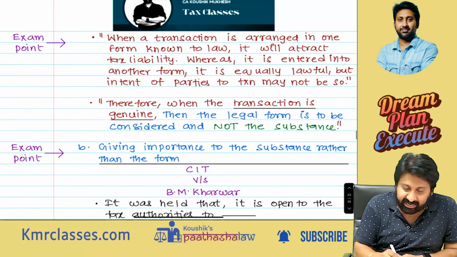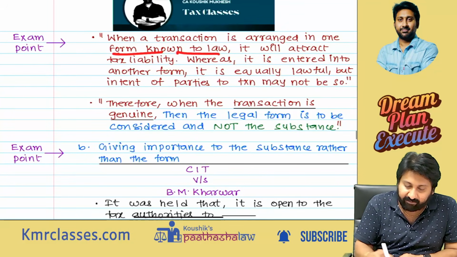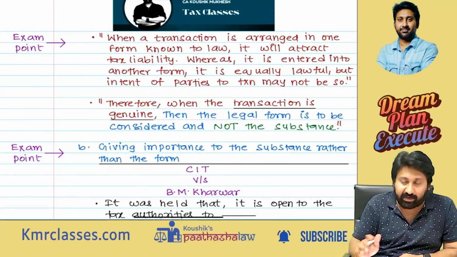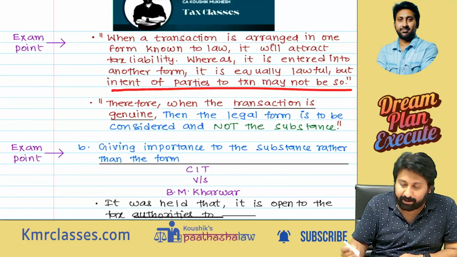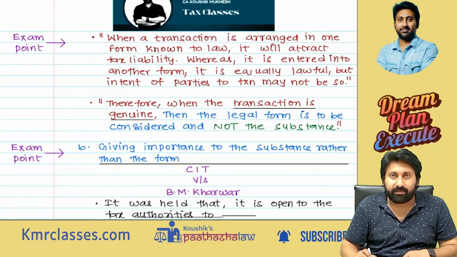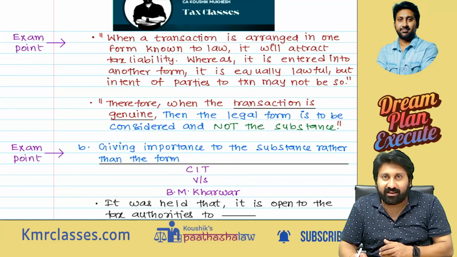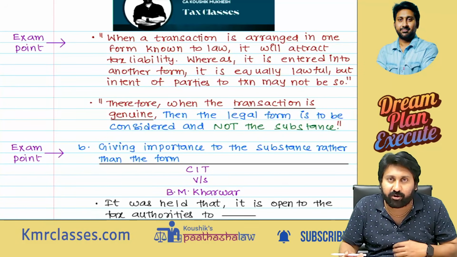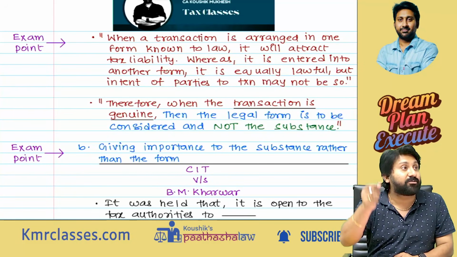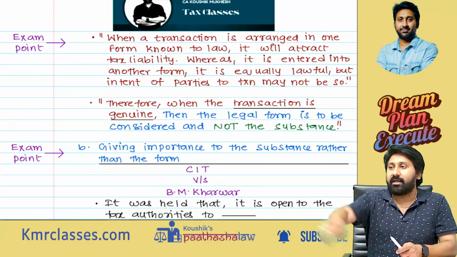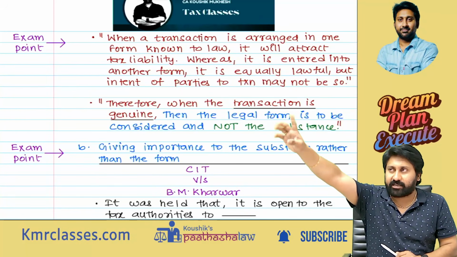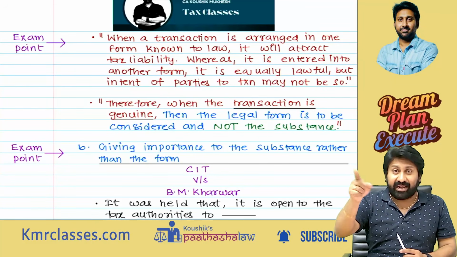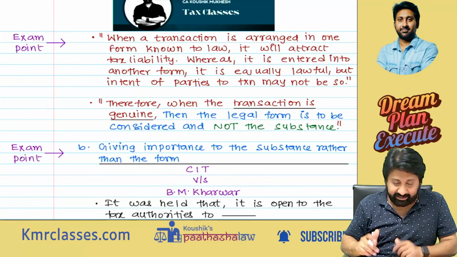When a transaction is arranged in one form known to law, it will attract tax liability. Where it is entered into in another form, equally legal, but the intent of the parties to the transaction may not be so. Like with 10AA, generally deduction will be given if there is an export from an SEZ unit, but intention is important: substance over form. If you see the form, an SEZ unit exporting, take deduction, but you should see the intention. The real transaction may have happened in a non-SEZ unit, like that.